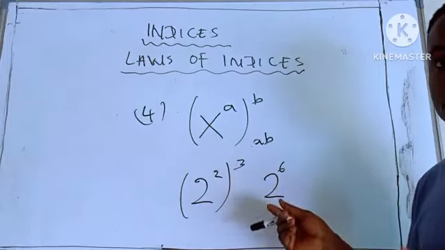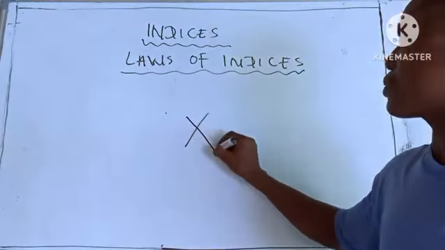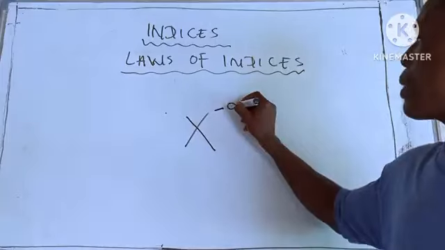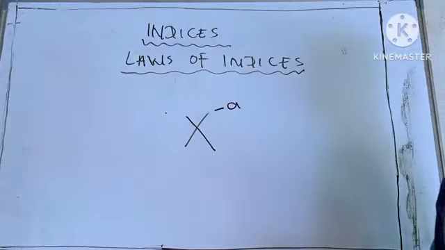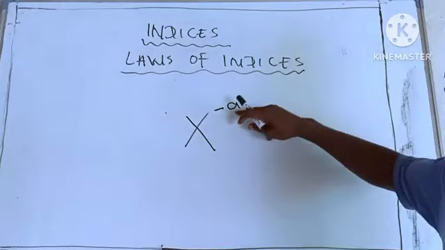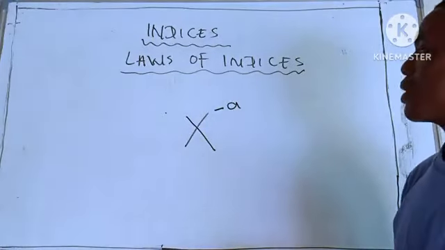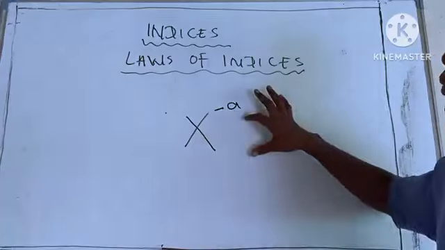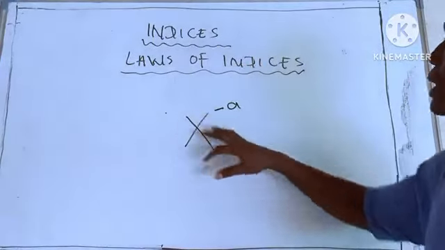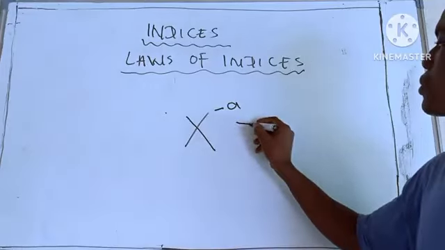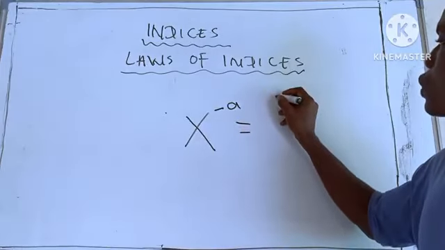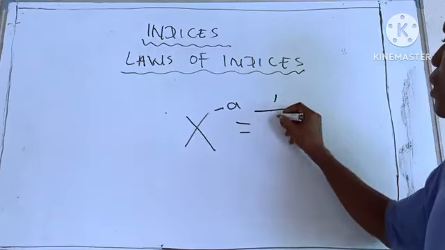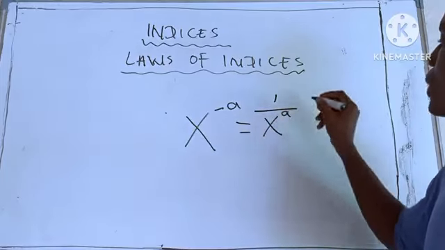So let's move to the fifth law. Let's say we have x raised to power minus a. Now, this law means that we can change this to this format. It will be 1 all over x raised to power a.